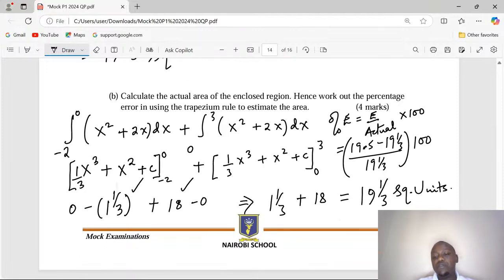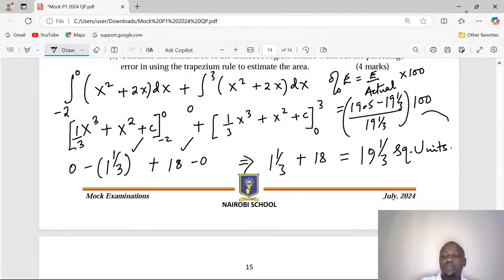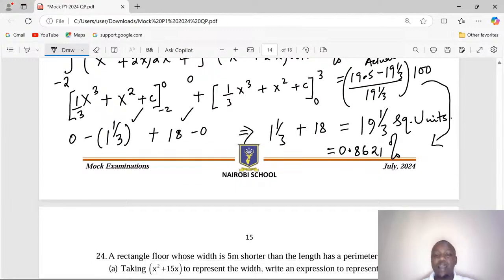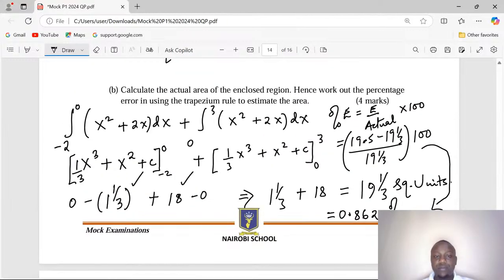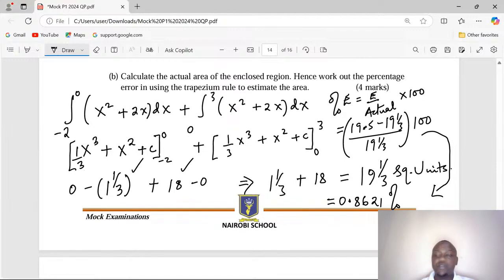And when you compute this, our final answer is 0.861 percent. So that is the percentage error when the trapezium rule is used for estimation.